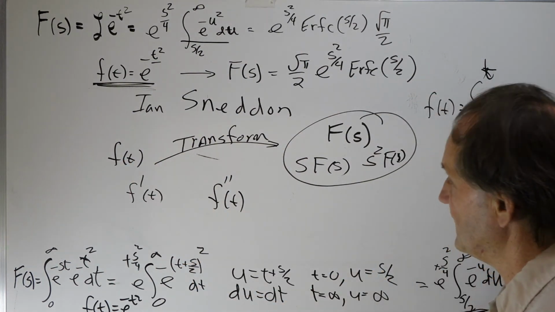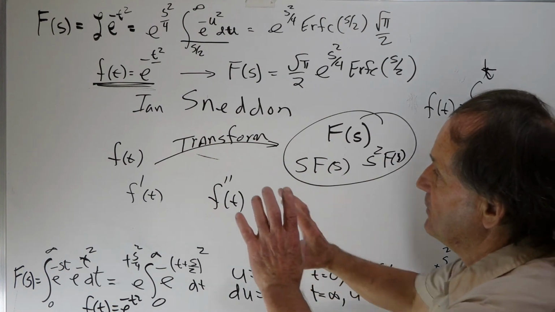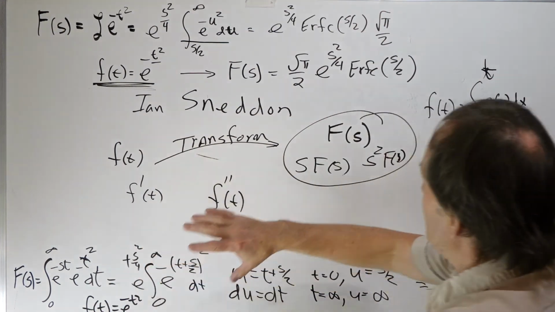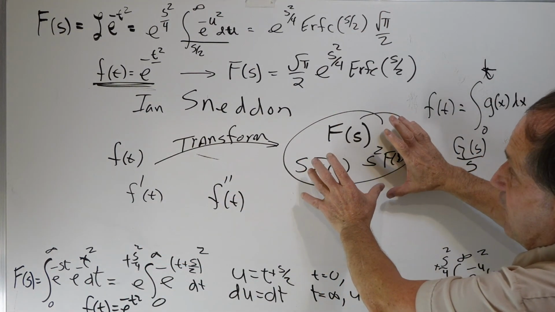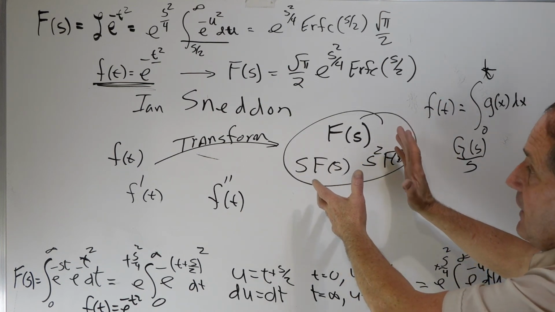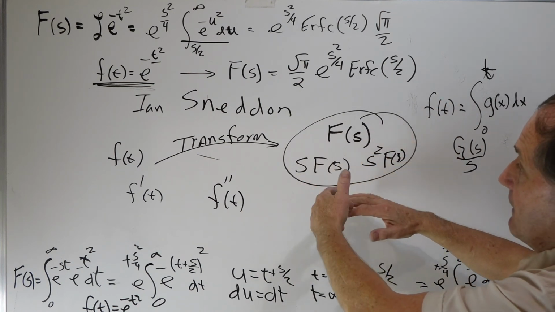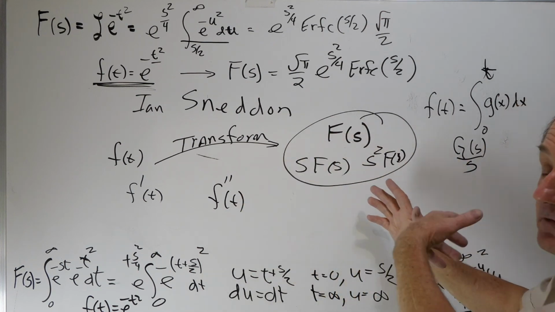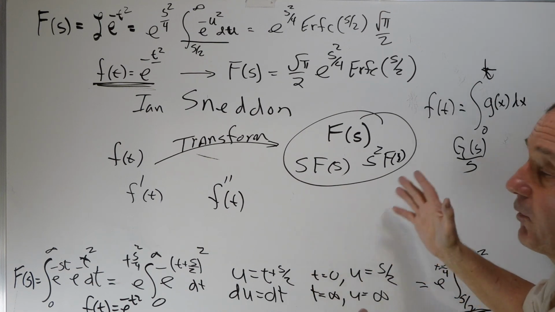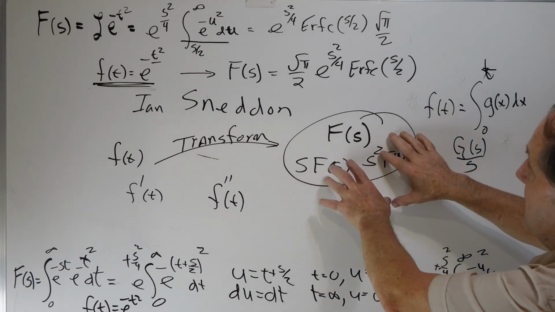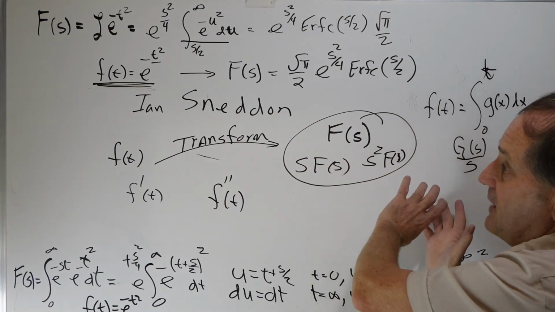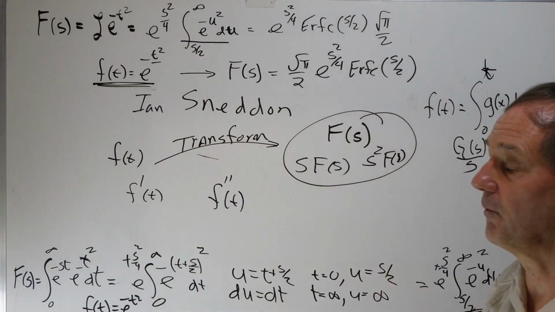So the whole idea in transforms is you start off with some complicated forms in the t domain, you transform into the transform space, you just do algebraic manipulations. If you're integrating or differentiating, if you have a differential equation or a combination of differential and integral equations, you just do algebraic manipulations in the transform space, get into recognizable forms, and then transform back to the t domain.